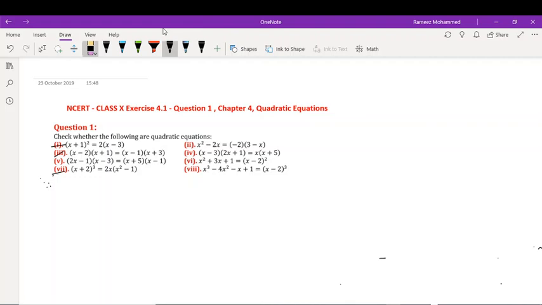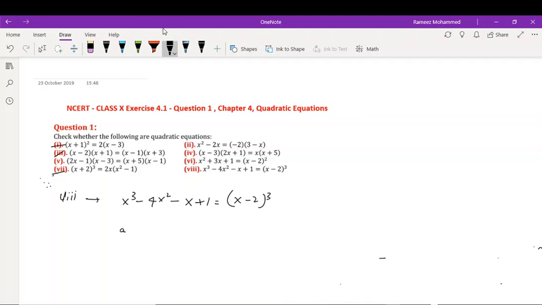Okay, great. So what is the 8th one? It's x cube minus 4x square minus x plus 1 is equal to x minus 2 whole cube.